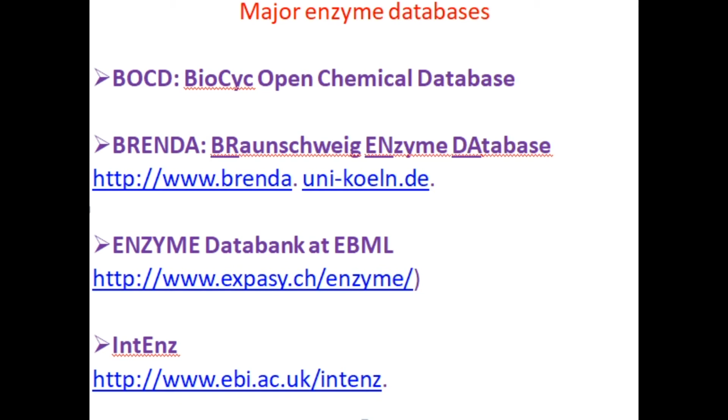The current version of the EMBL Enzyme Database contains around 3,700 enzymes. It can be reached through expasy.ch/enzyme.